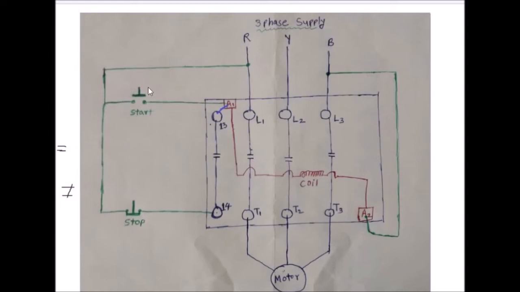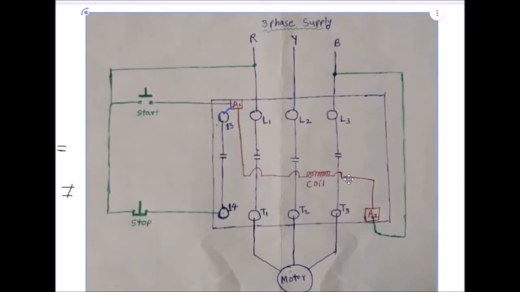When we press the start push button using our finger, these two contacts get shorted for that moment. Due to this, the voltage across the contactor coil gets applied as the line voltage of R and B phase. Due to that, what happens?